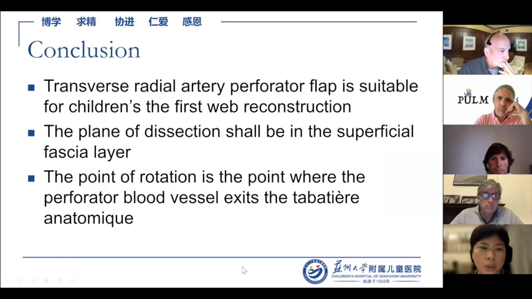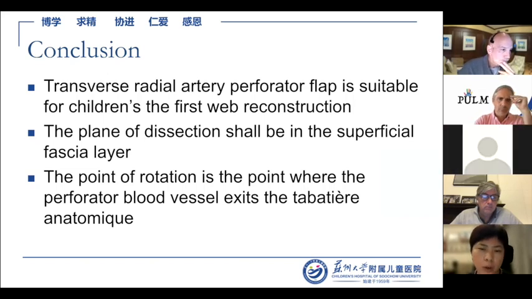Conclusion. The transverse radial artery perforator flap is suitable for children's first web reconstruction, because the donor site at the dorsum of the wrist can be sutured directly.